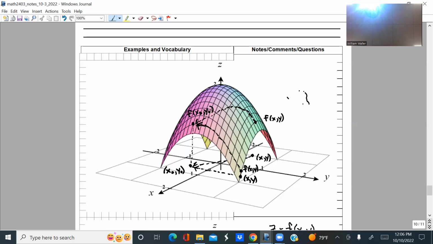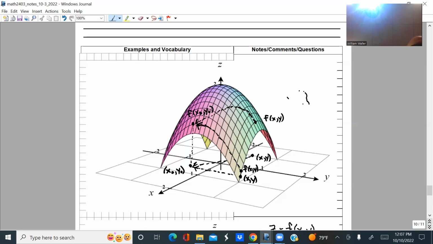Yeah, I think that's true. Now, we would need the formula for the function f to test this analytically, but it certainly appears to be the case on the graph. So I think it's true, at least from this direction. It looks like the limit of f of x, y as x, y approaches x sub 0, y sub 0 is going to be f of x sub 0, y sub 0.